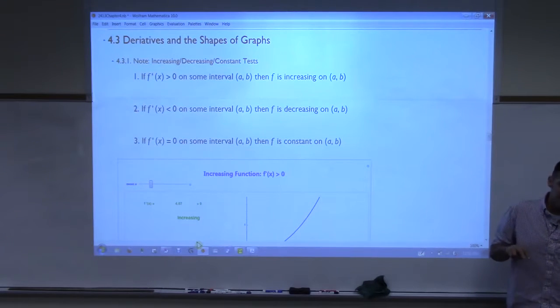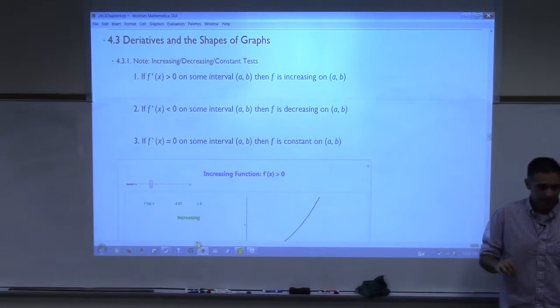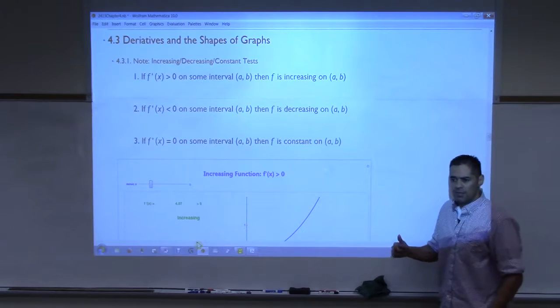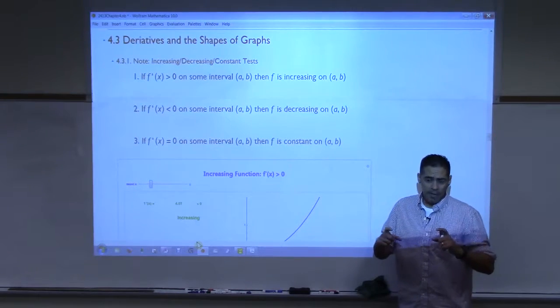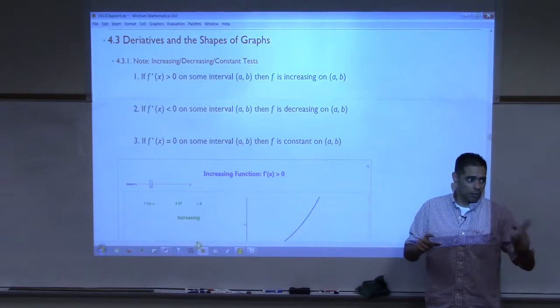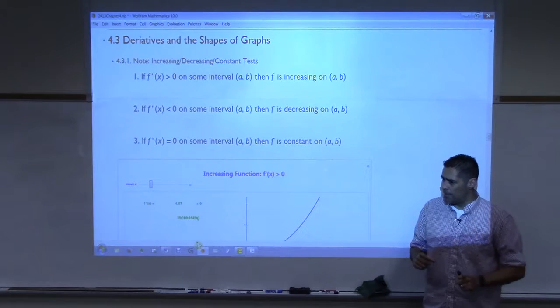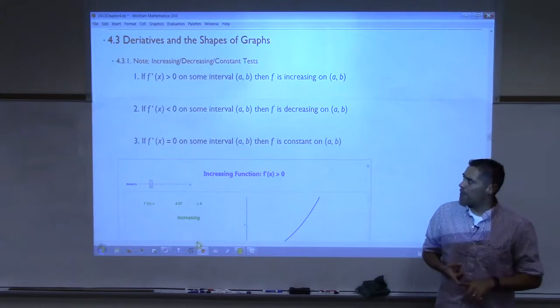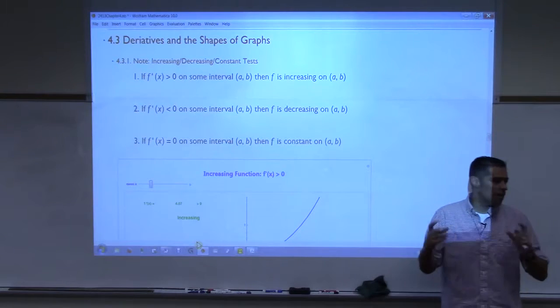So our main goal today is to look at how the derivative impacts the shape of our graphs. Now we already know that if we have a continuous function on a closed interval, we can find global maximums and minimums. But what happens if our function is continuous but not on a closed interval?